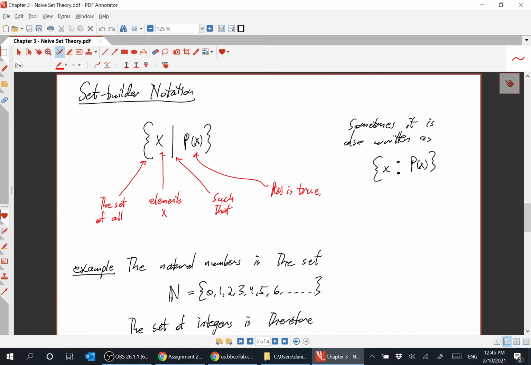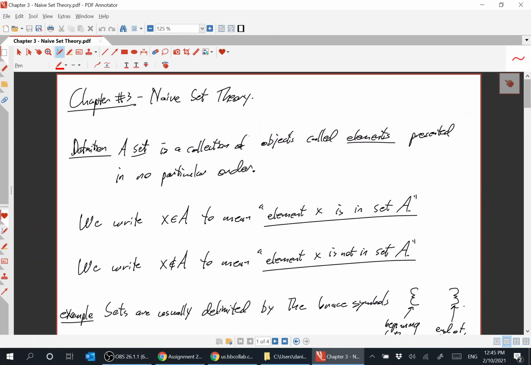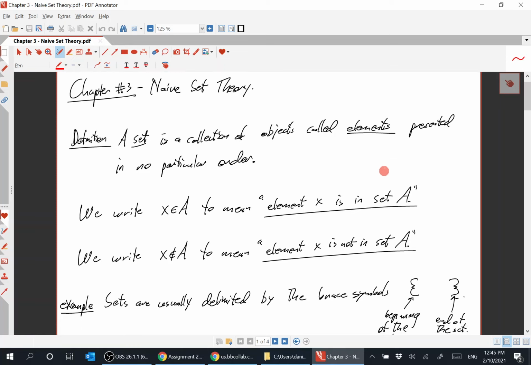Okay, so back to chapter 3. We're going over naive set theory, and a set is a collection of objects, and those objects are called elements, and those elements are presented in no particular order.